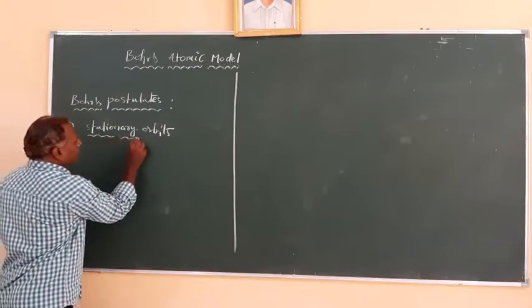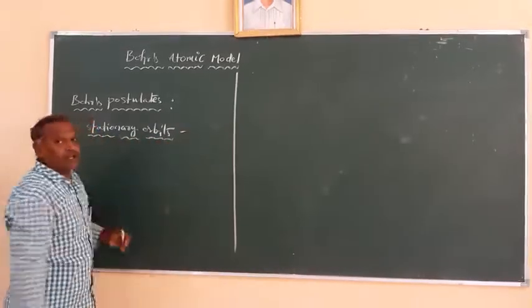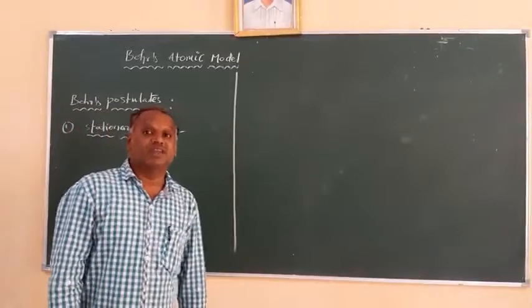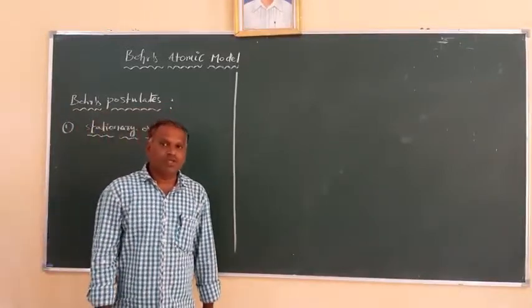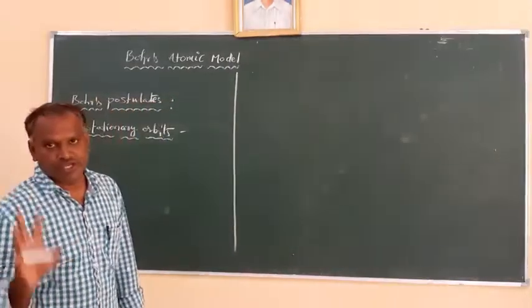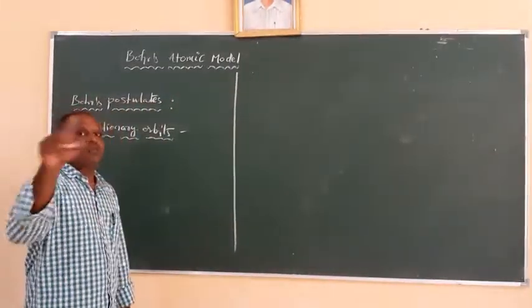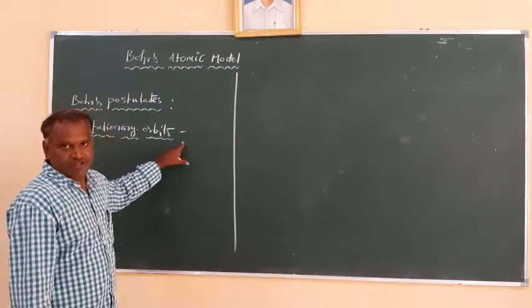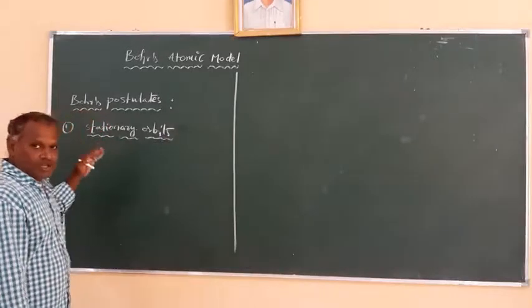That means the orbital paths followed by the electrons around the nucleus are not emitting or losing energy. Even though they are revolving, the energy remains constant. So the orbital paths followed by the electrons around the nucleus are known as stationary orbits, right?